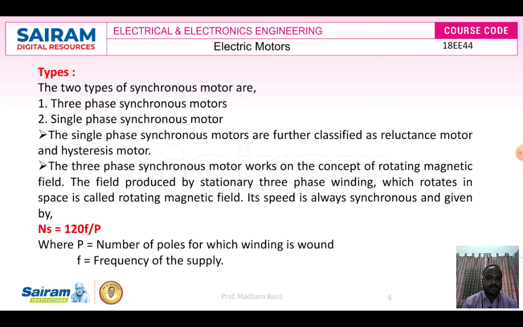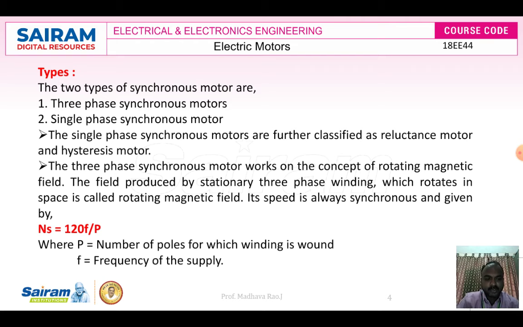The field produced by the stationary three-phase winding, the stator, consisting of stationary winding, that is stator winding or armature winding, which rotates in space, is called the rotating magnetic field. The speed is always synchronous and is denoted by Ns.